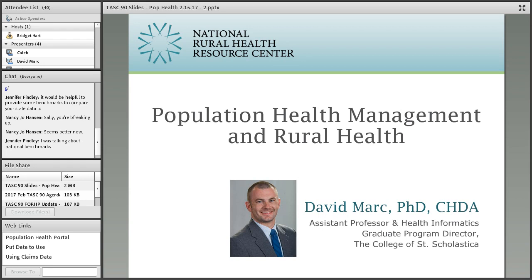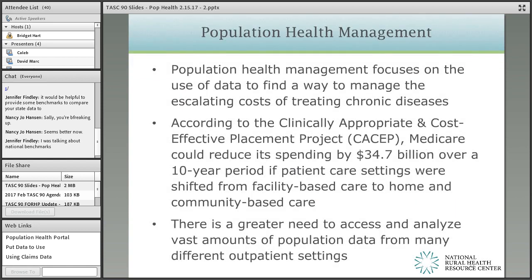And their program is the oldest health information management program in the country, and they have a variety of student programs at the baccalaureate and graduate level, and they've worked extensively with rural providers through the HIT Regional Extension Center, and they really focus on rural HIM as well.